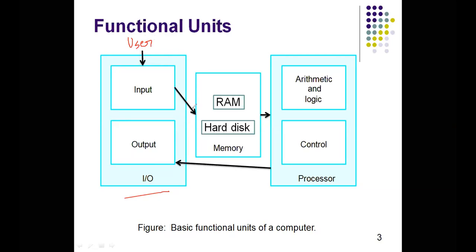Then our inputted data, we basically send to the memory storage devices, RAM and hard disk. RAM is basically called the primary memory storage device, and the hard disk is called the secondary memory storage device. In our theoretical course, in our second chapter, we will discuss RAM and hard disk.